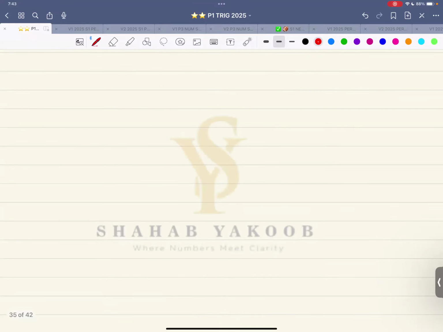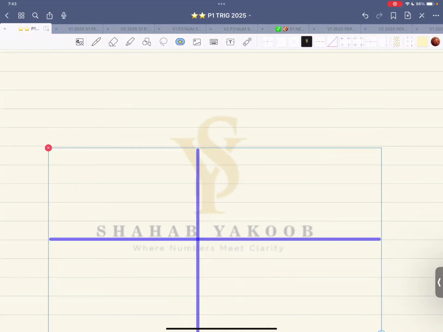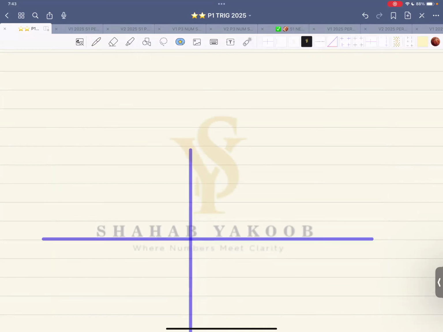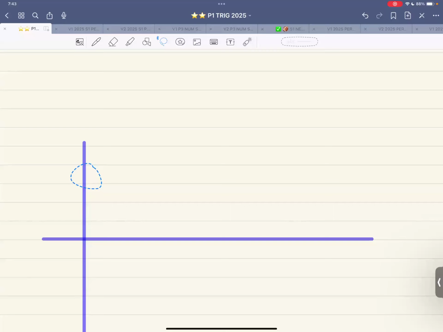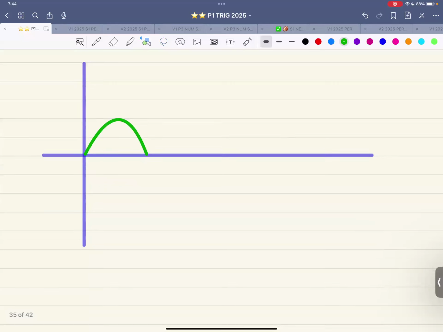For example, let me draw the graph of this thing. Let me first draw the original graph in green color. A little bit bigger, like this.